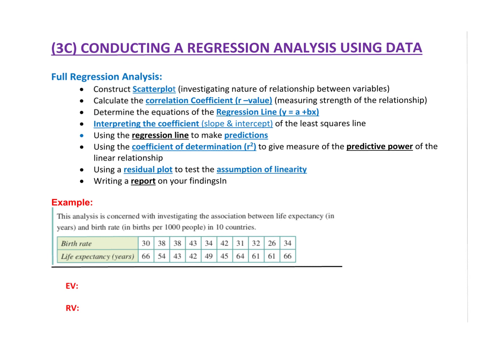So in this example, birth rate is going to be our explanatory variable, and life expectancy is what we're looking at, and we want to see what happens if we change the birth rates in the country. Does the life expectancy change? So that's our response variable.